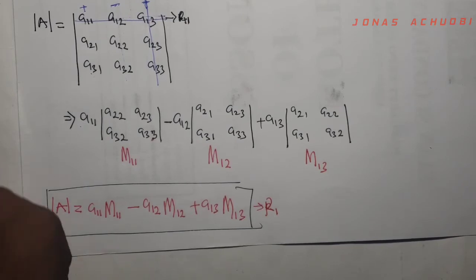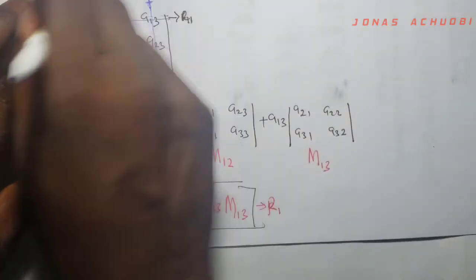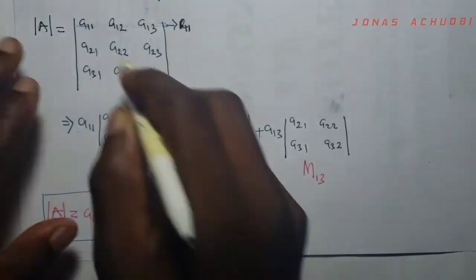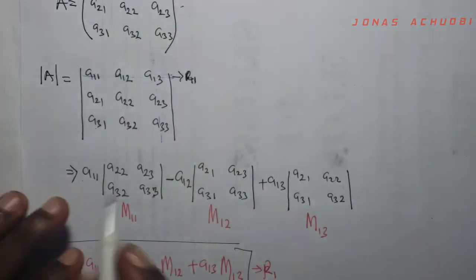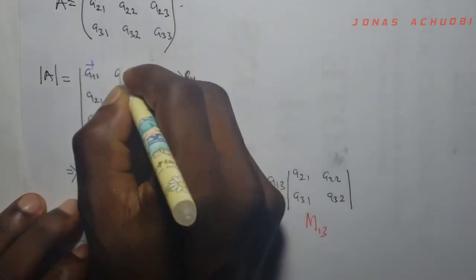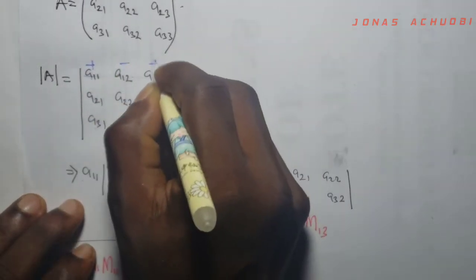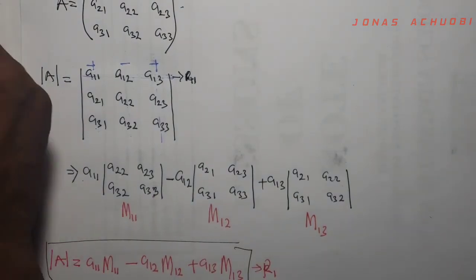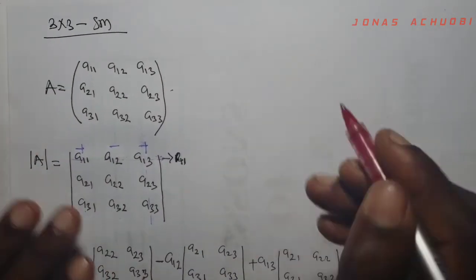So what happens in row 2? Let's assume we want to use row 2 for this determinant. But before that, let us fix the signs. You observe that here was a plus, here a minus, and here a plus. So if I use row 2, we have to fix the sign. I'll give you a little trick about the signs, just as a remark.